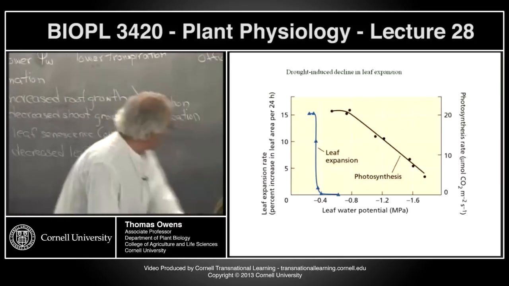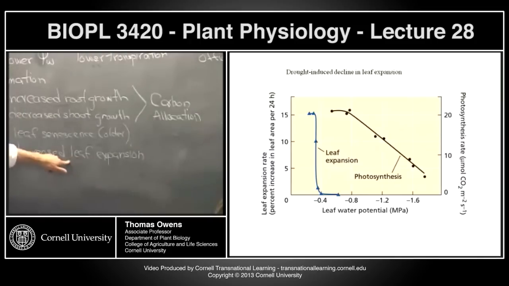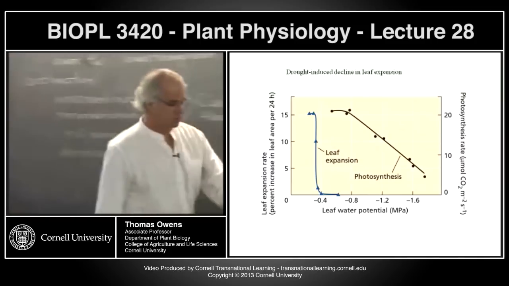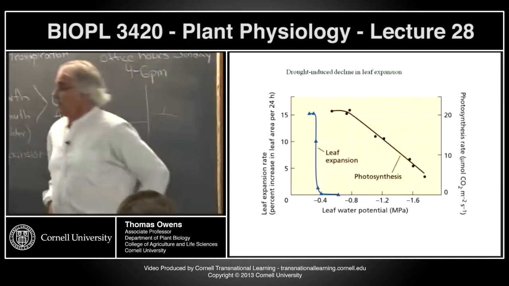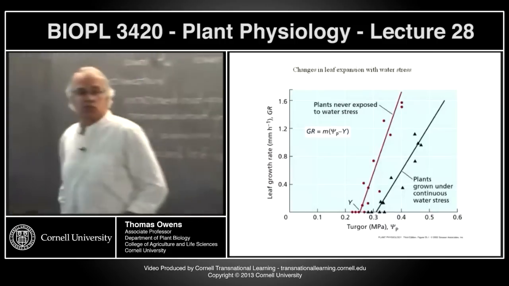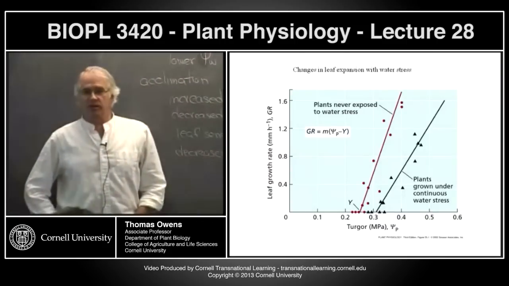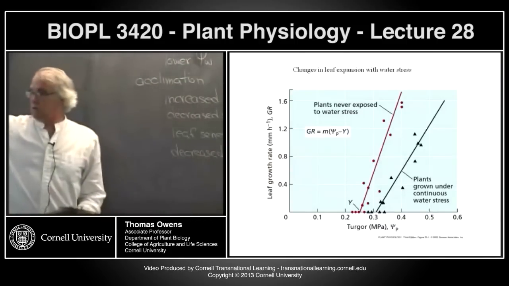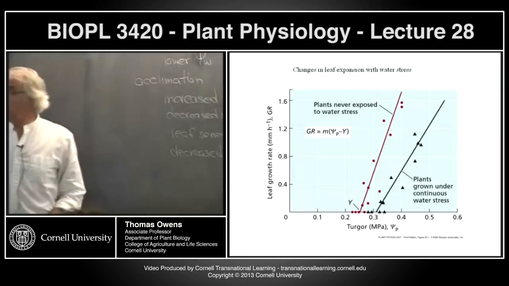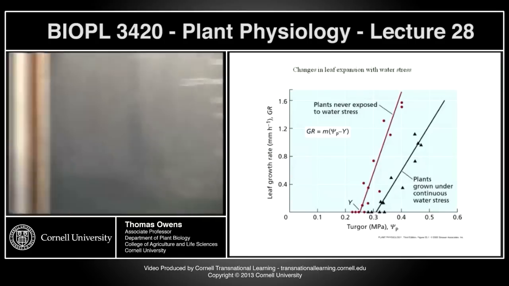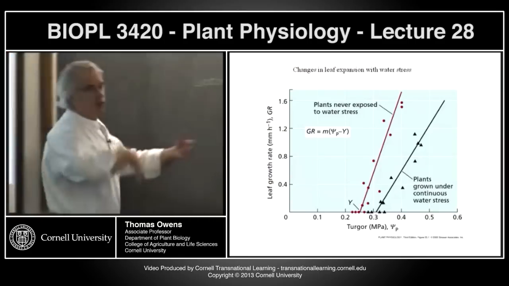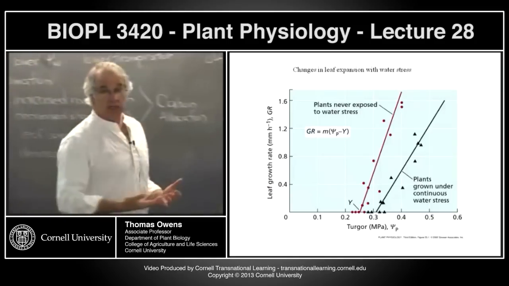Okay, another important component of this decreased leaf expansion. If we look at this graph, it should be familiar to you. We're plotting turgor pressure on the x-axis and leaf growth rate. We could think of that as cell expansion rate.